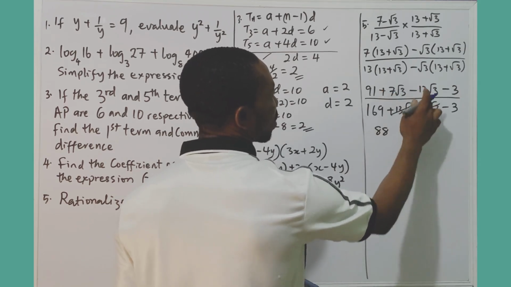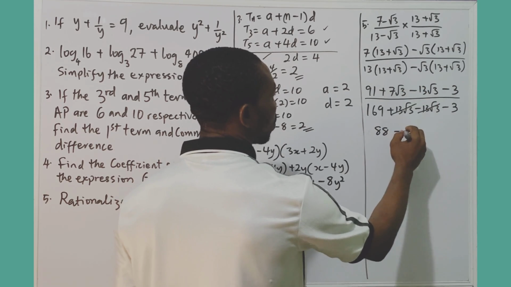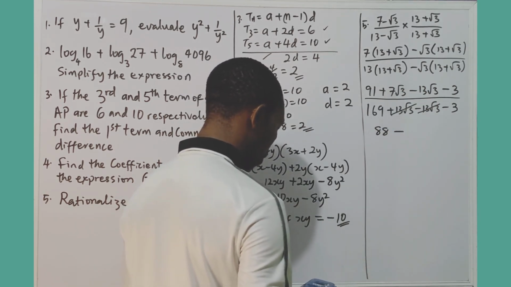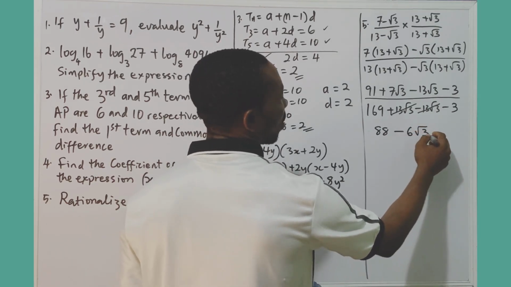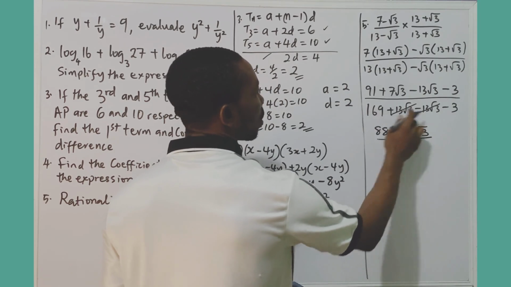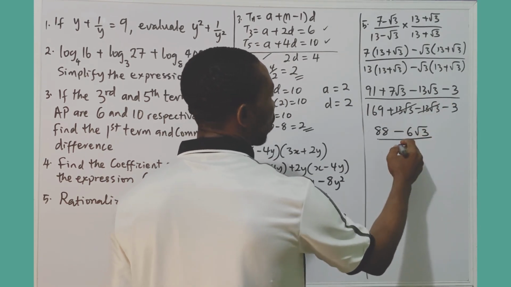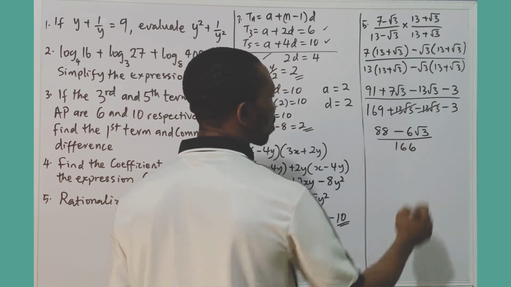Now 7 minus 13 will give us minus 6 root 3 all over 169 minus 3 will give us 166.